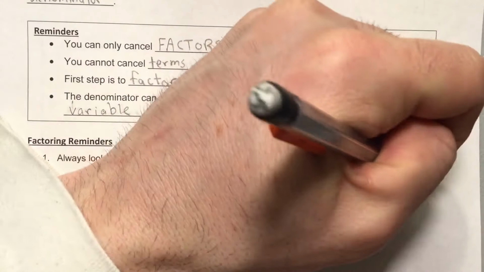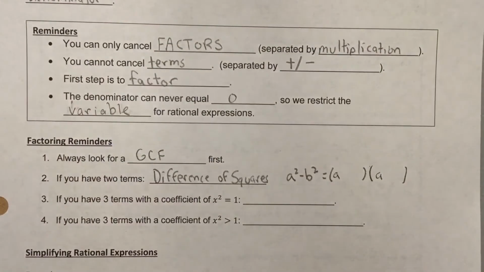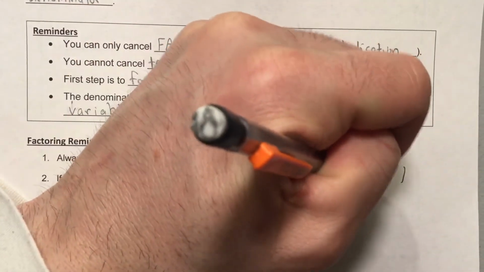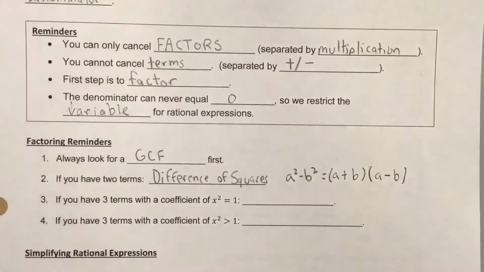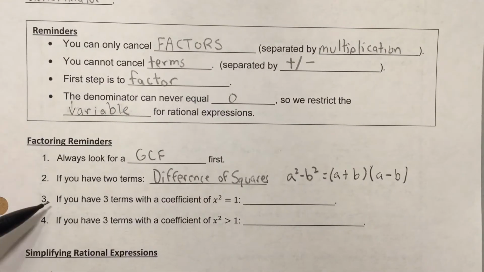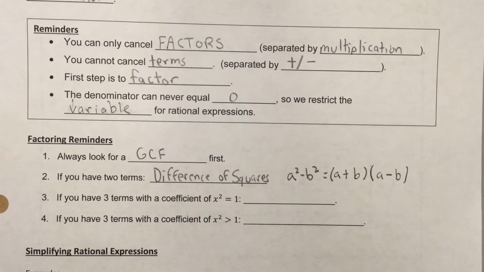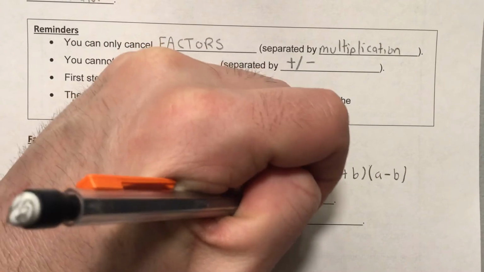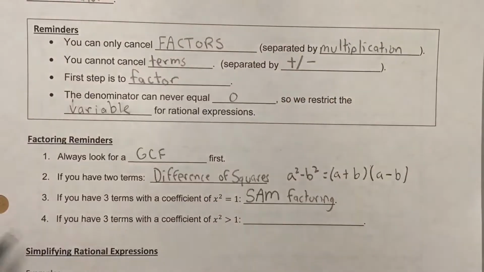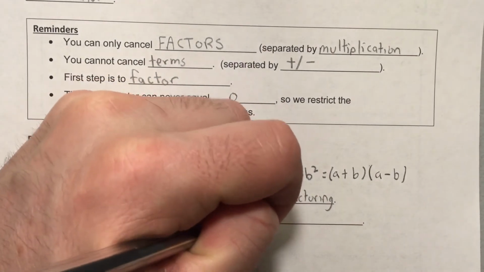And that becomes two sets of parentheses: you take the square root of the first term and put it in the front of each set of parentheses, the square root of the second term goes in the second spot of each set of parentheses, and you have one positive sign and one negative sign. If you have three terms with the coefficient of x squared equal to 1, then remember that's our SAM factoring. And if you have three terms with the coefficient of x squared greater than 1, that's when we're going to do slide divide bottoms up.